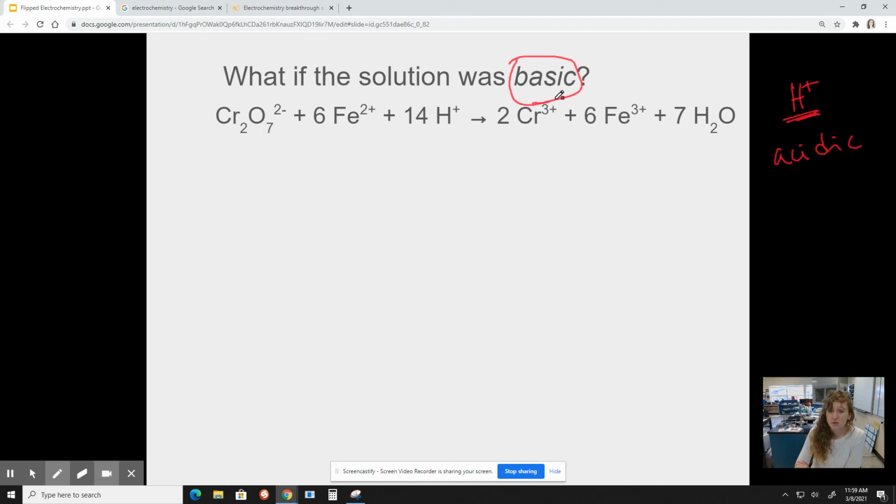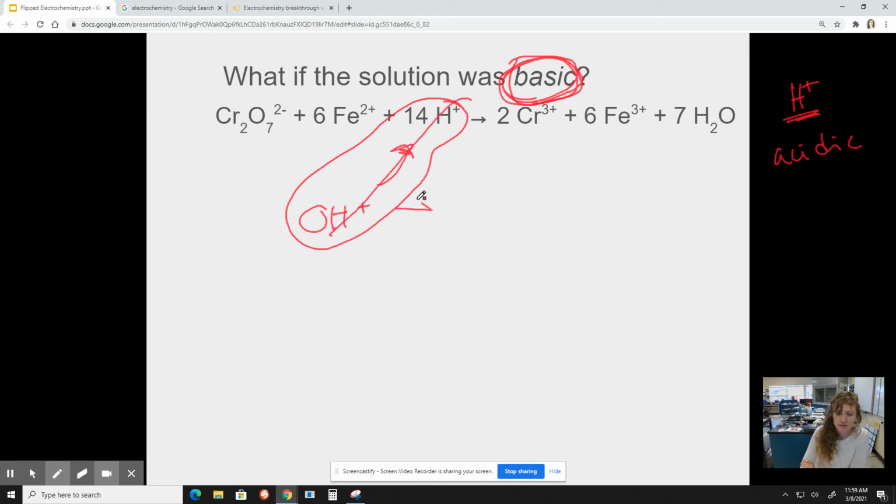But some of these do happen in basic solutions, and if that's the case, you need to have one additional step where you add hydroxides to all of your hydrogens in order to take out the hydrogens, and you are either going to end up with water or hydroxides in solution, which would make it a basic solution.